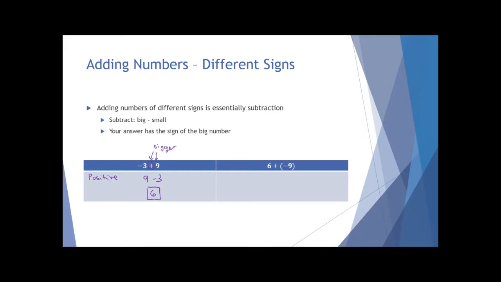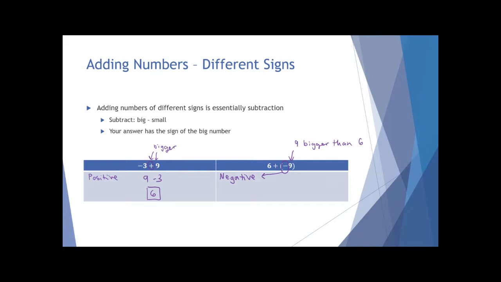Now on the right, we have 6 plus negative 9. 9 is bigger than 6. So 9 is the bigger number, but it has a negative in front, so our answer is going to be negative in this case, because 9 has the negative sign. 9 is bigger than 6, and then we have that negative sign, so that means our answer is negative.